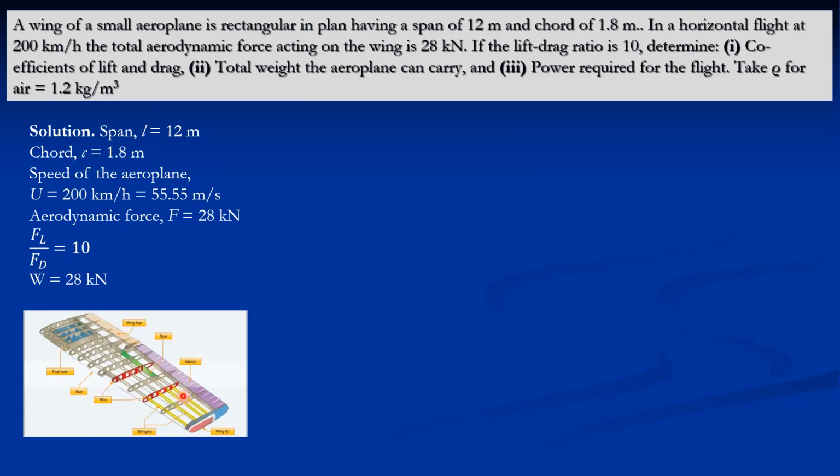In horizontal flight at 200 km per hour, the total aerodynamic force acting on the wing is given as 28 kilonewton.